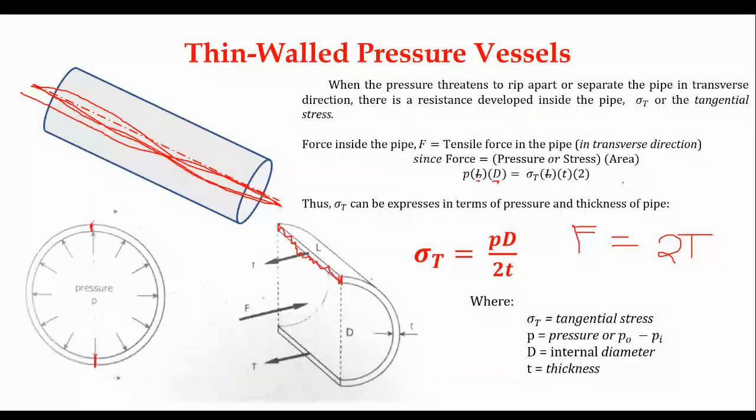Times 2 kasi up and down, napod sa ilalom. So, ma-cancel si L. What's left is kanina ang derivation. So, it means to say that if you want to get the tangential stress of the pipe, so ano lang na siya, PD over 2T. Ako lang ning gi-simplify ang kuan. P times D over 2 times T.